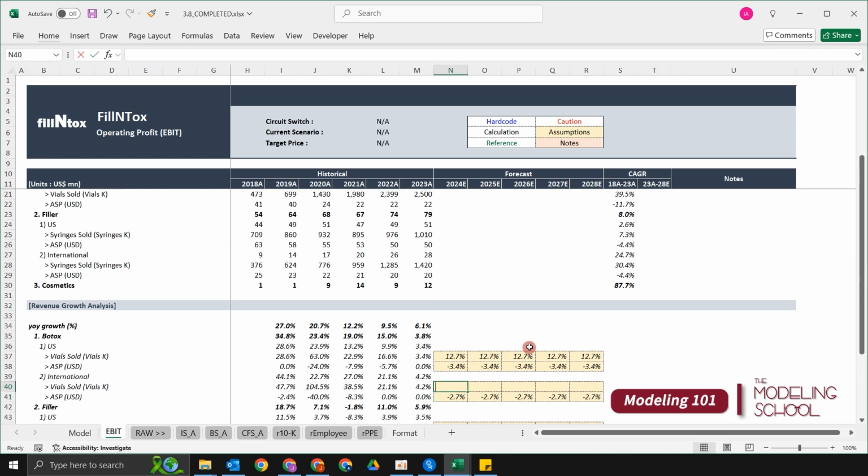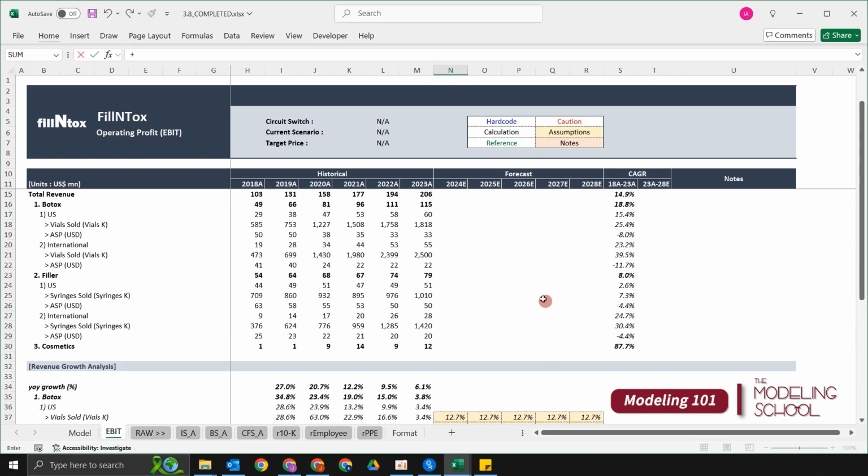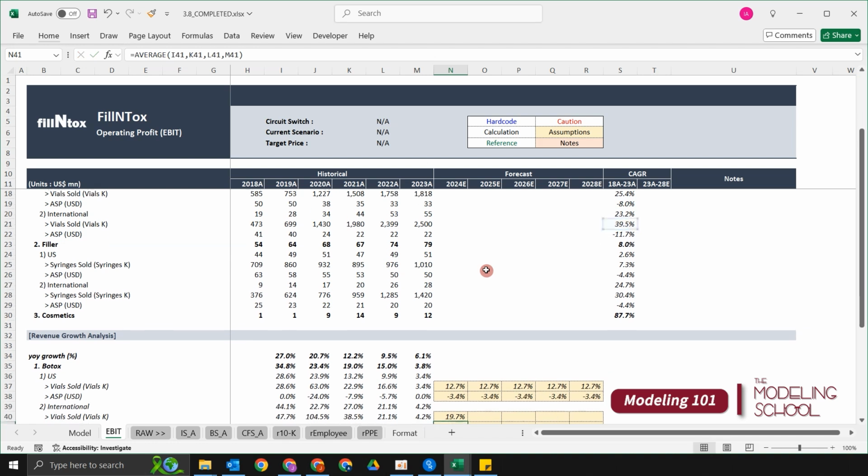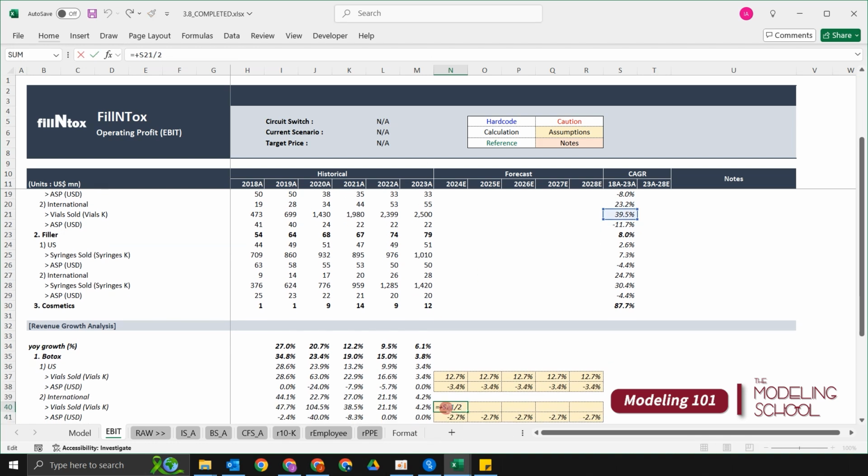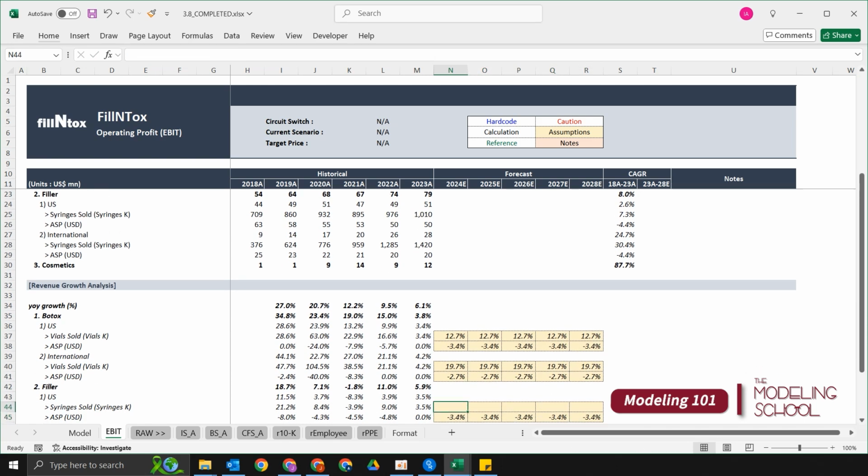Same for international revenue as well, and same for fillers. Let's do this a couple more times. So half of 39%. Oh, we have to put an F4. Again, we use syringes sold for US fillers.